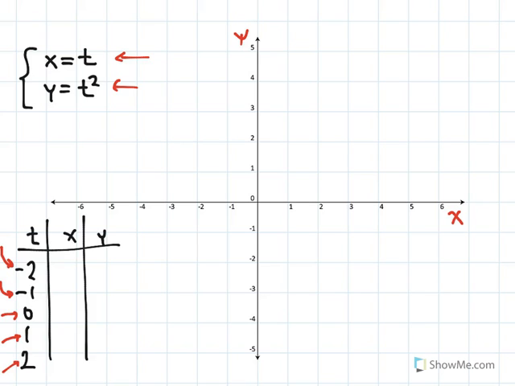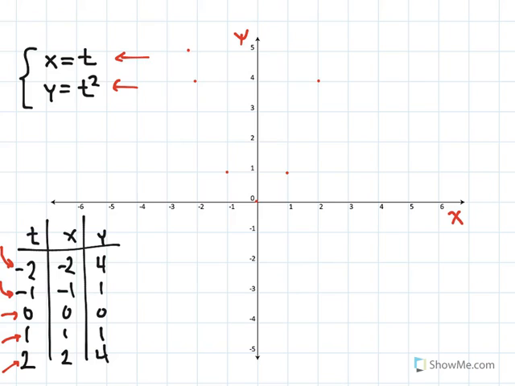So, according to the parametric equation for x, x is just equal to t. So whatever t is, x will be the same. And according to the parametric equation for y, y is equal to t squared. So whatever t is, we will square it. So we have these ordered pairs, and we will plot them: (-2, 4), (-1, 1), (0, 0), (1, 1), and (2, 4).